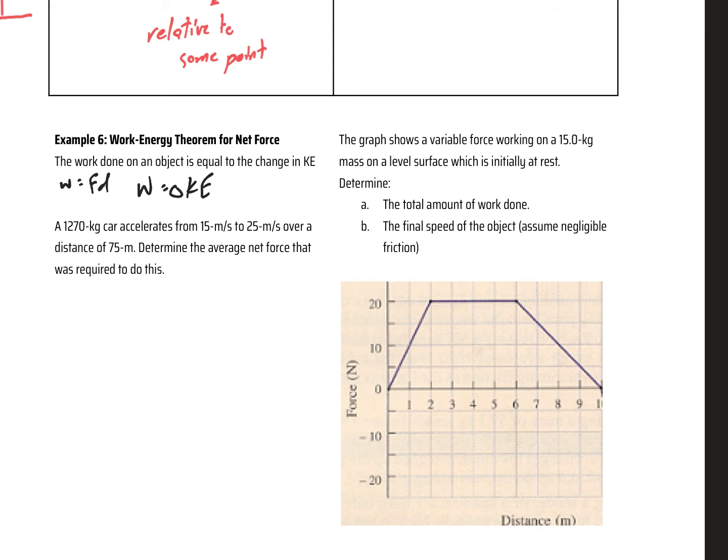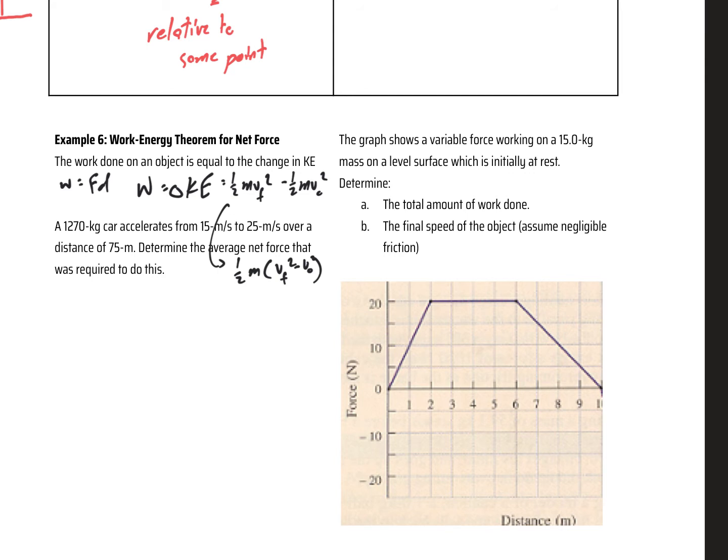So that delta Ke is basically 1/2 m vf squared, the final velocity, minus 1/2 m v naught squared. And so we can write it again with factoring the constant and the mass, so vf squared minus v naught squared. There's a couple of different ways to write that. But the work done is the change in energy.